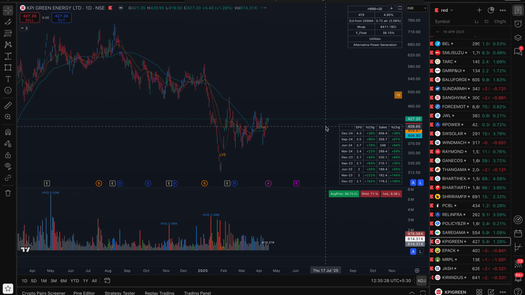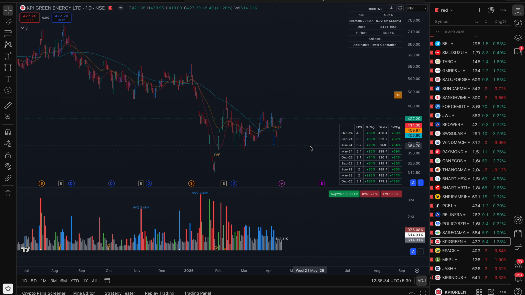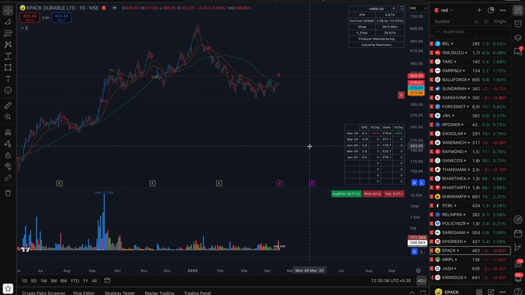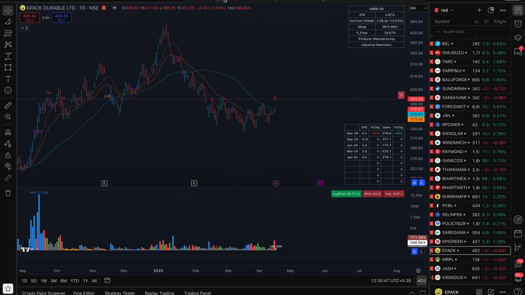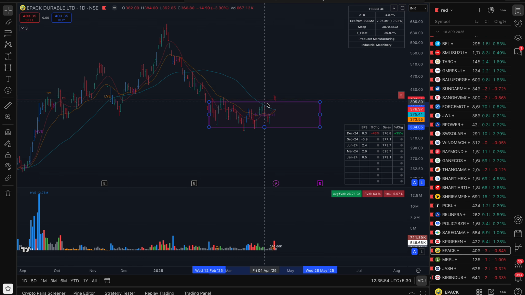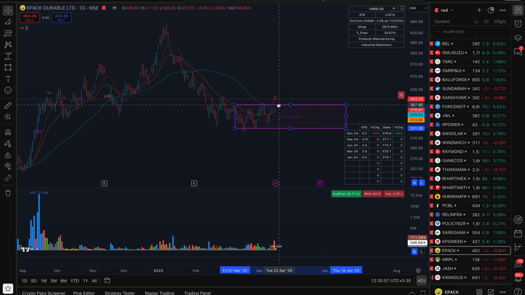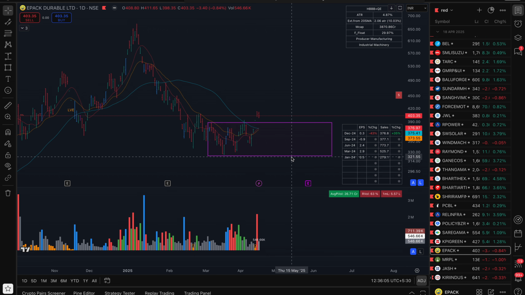KPI green. This is a reversal base getting tighter here, tighter and tighter. So we'll see how this pans out. EPAC. Now this is another name from the EMS space, I think, and this has broken out of this reversal base. Okay. Now people really do not like the 5% name. I am trying my best to get myself out of that bias and yeah, as swing trading, I wouldn't say this is a bad setup.